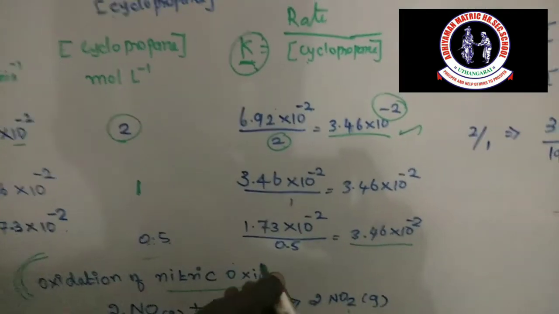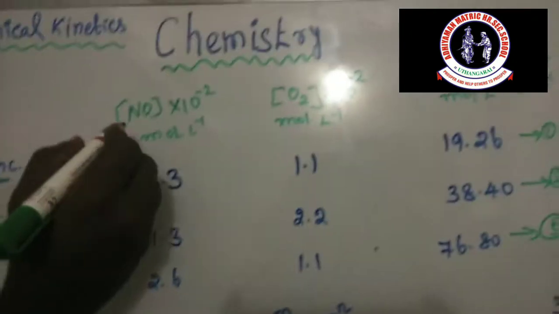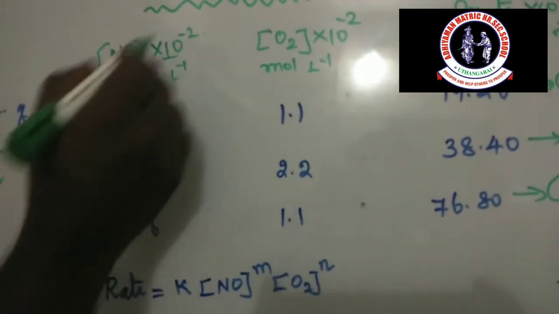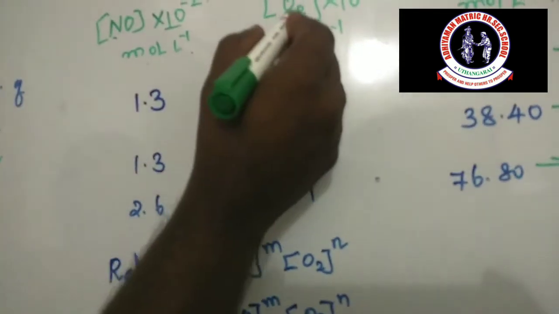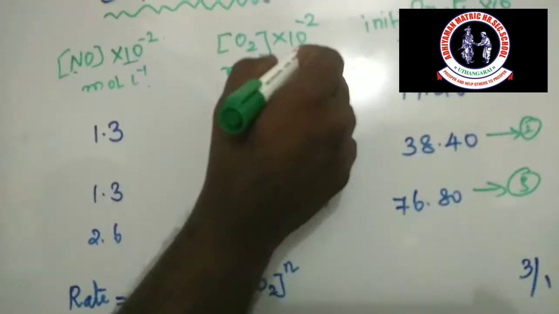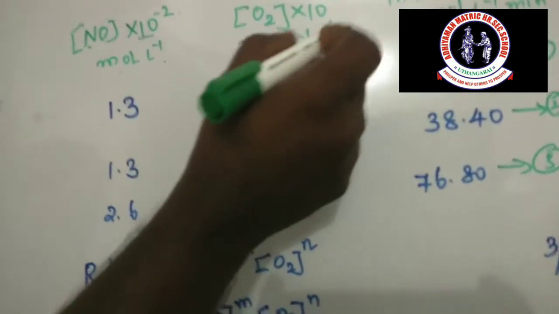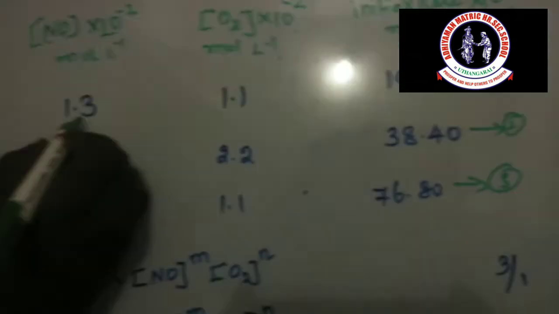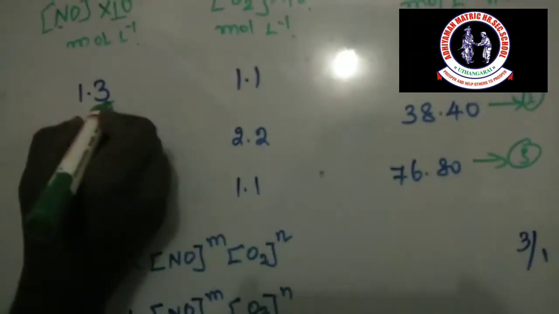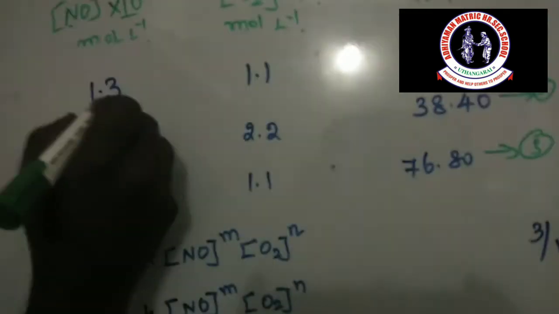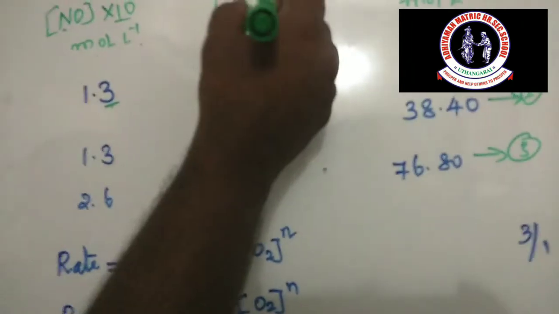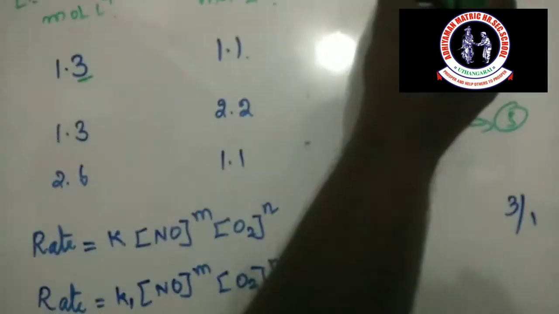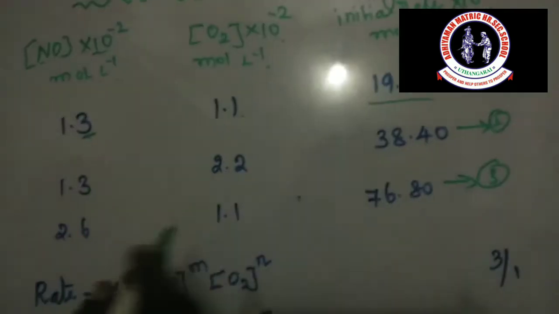For this reaction, the experimental values are the concentration of NO in 10 to the power of minus 2 mole per liter and oxygen in 10 to the power of minus 2 mole per liter, and the initial rate of the reaction in 10 to the power of minus 2. First value 1.3 is the concentration of nitrogen monoxide, oxygen value 1.1, and the initial rate is 19.26.